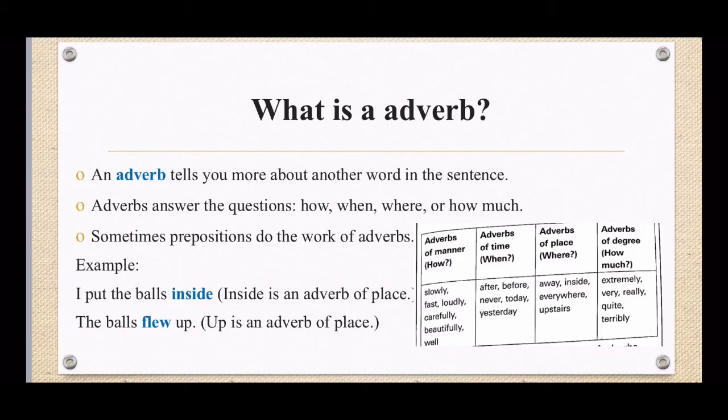And remember always, we have adverbs of manner, how; adverbs of time, when; adverbs of place, where; and adverbs of degree, how much. So those 4 types of adverbs always answer the questions, right? And always tell us more about another word in the sentence.